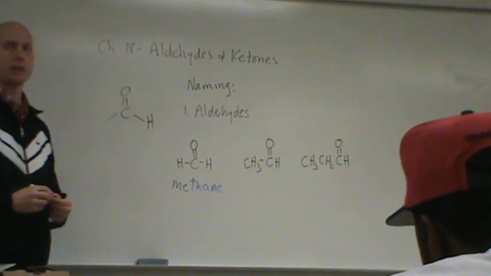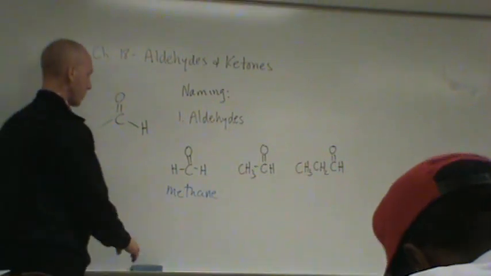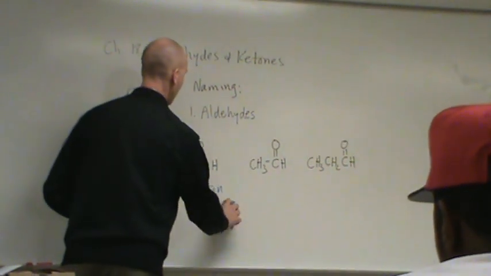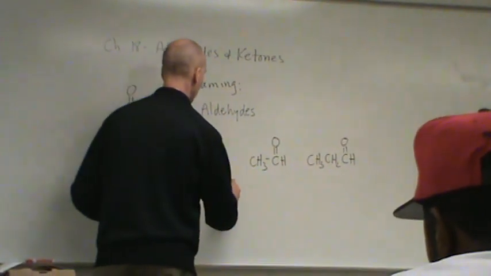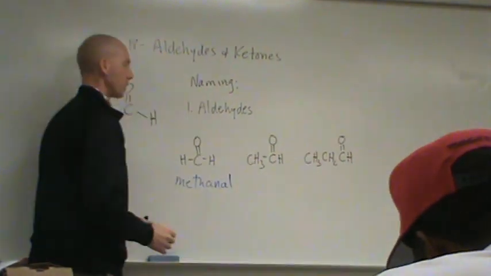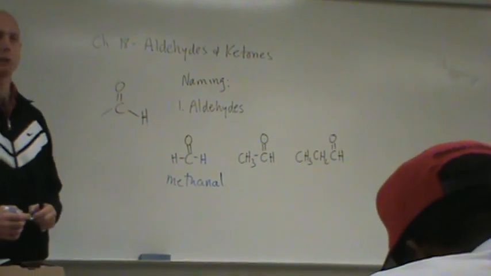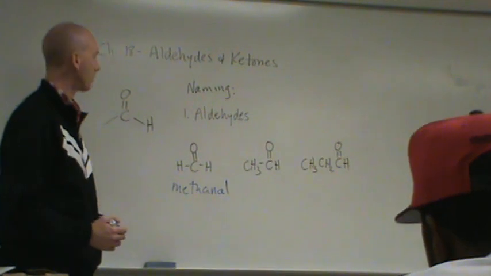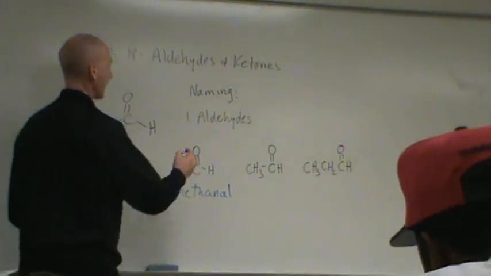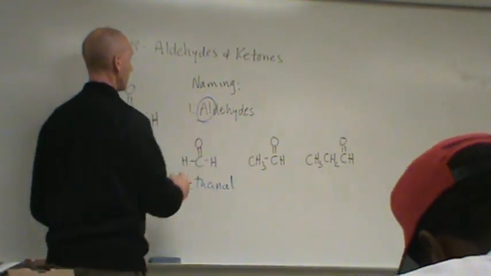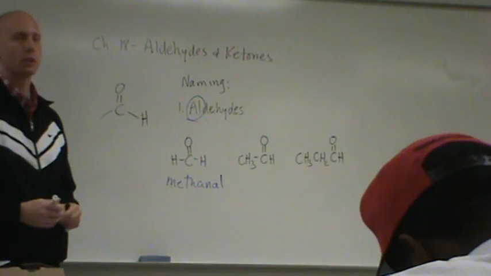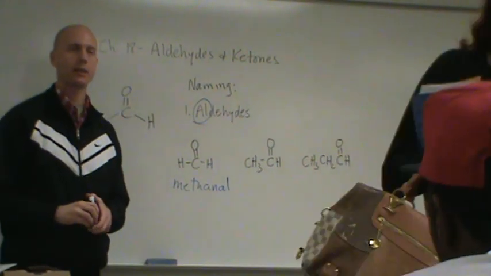Remember, one carbon is methane, but what we do is we drop the E, and we have a new suffix, al, so we have methanal. So you see the ending for aldehydes is the first two letters of aldehyde, al.